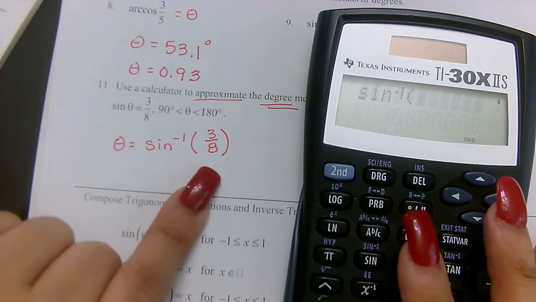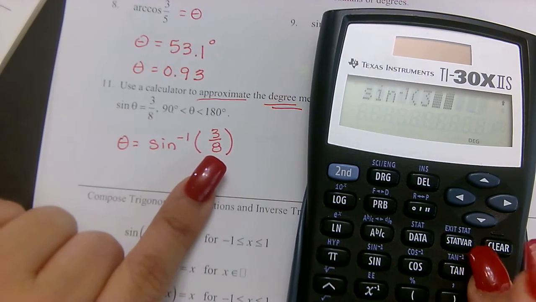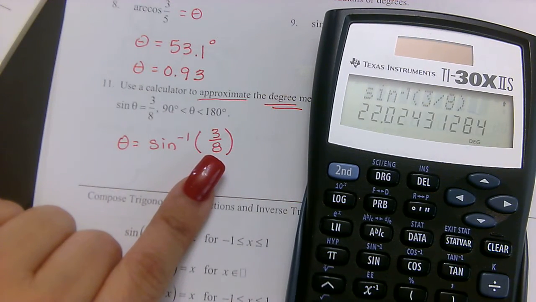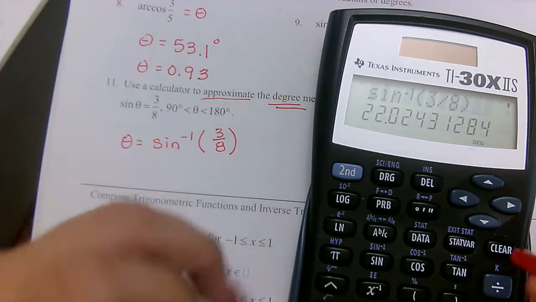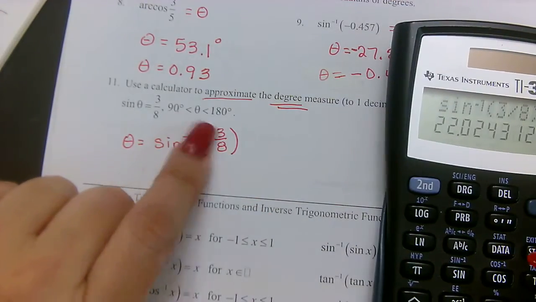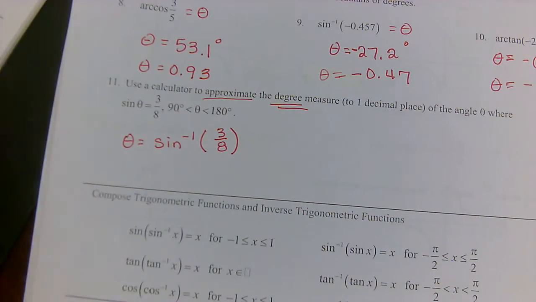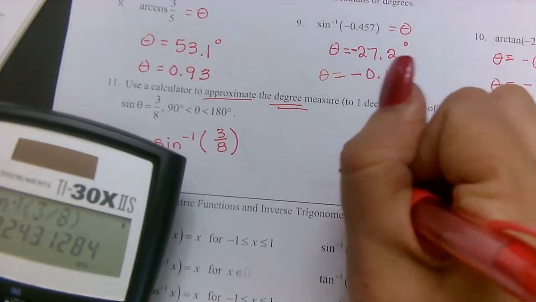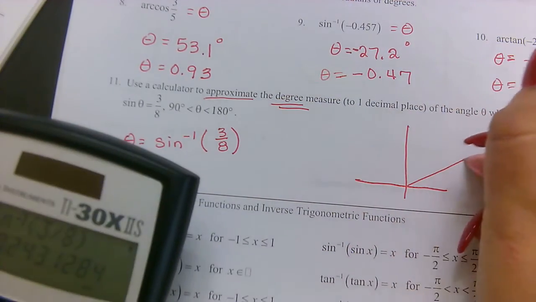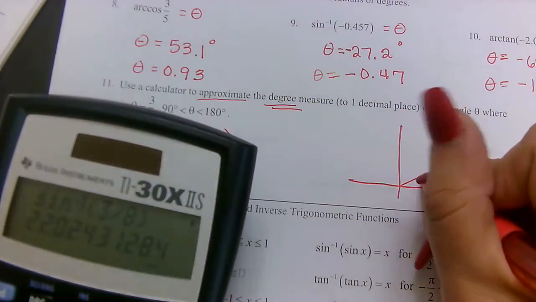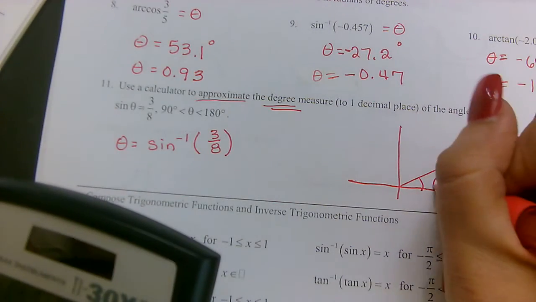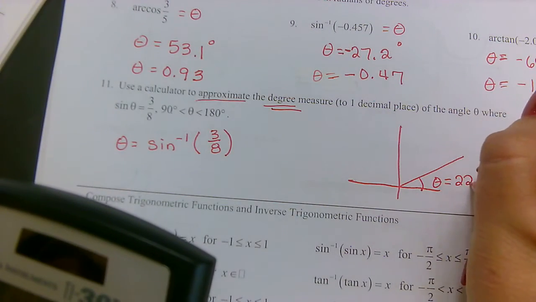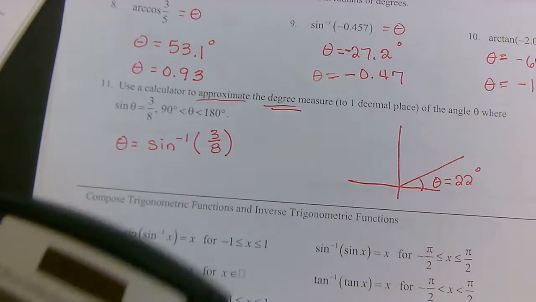So second sine, and then the ratio is 3/8. Notice that this is not in quadrant 2 like it's asking us for. This is in quadrant 1. So here, the angle that we find is theta is equal to 22 degrees.